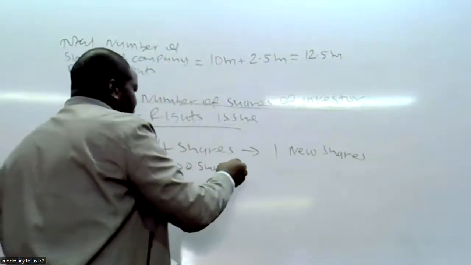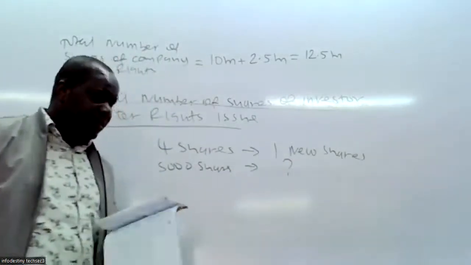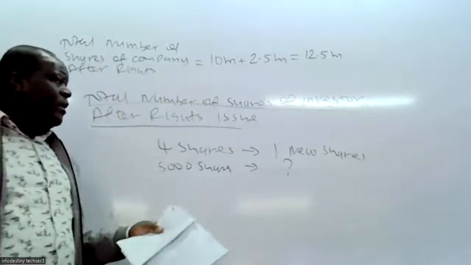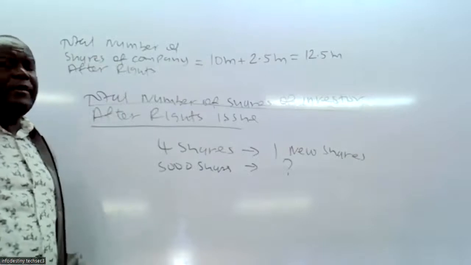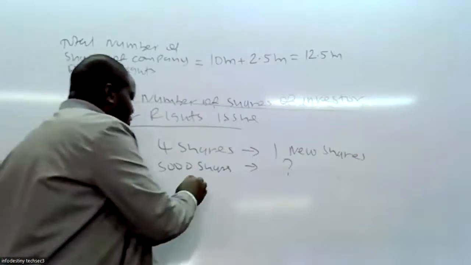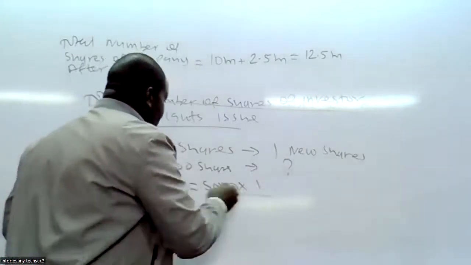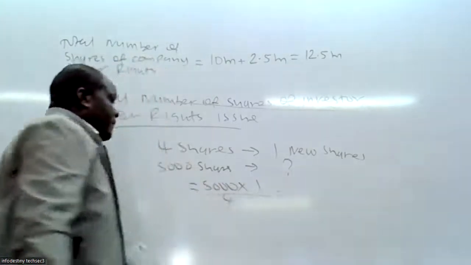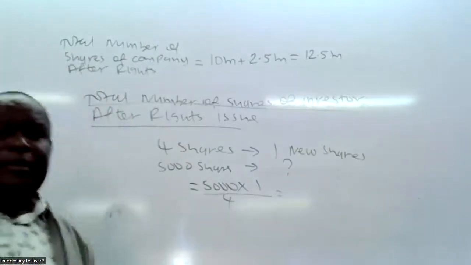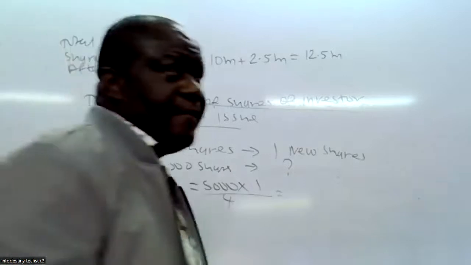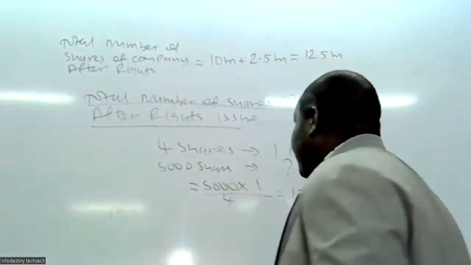So how many new shares do we get from that? For every 4 shares you have, you get 1 new share. But for him, we had 5,000 shares. So total new shares will be 5,000 multiplied by 1 divided by 4. So you'll be getting 1,250 shares.